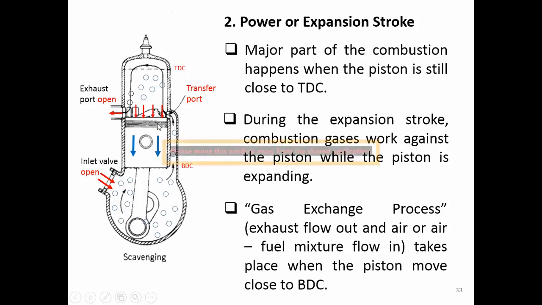Right? So the gas exchange process happens. Right? The piston keeps moving down and down until it reaches the bottom dead center here. Right? Because the air-fuel mixture is already waiting to flow in when this opens. Okay, when the transfer port opens.